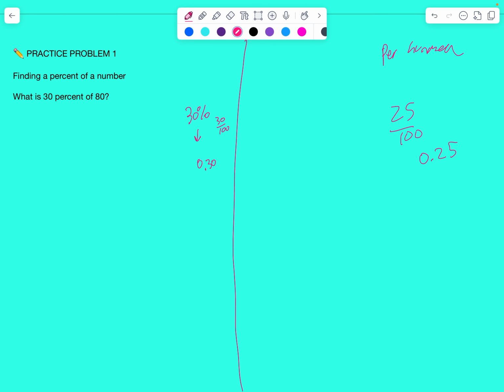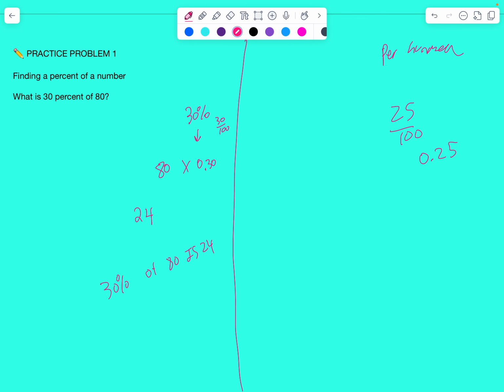Then you're going to multiply it by 80. And by doing that, you're going to solve it. And we know 8 times 3 is 24. And then because we're dealing with a decimal, 80 would only get smaller, so it's 24. So 30% of 80 is 24.